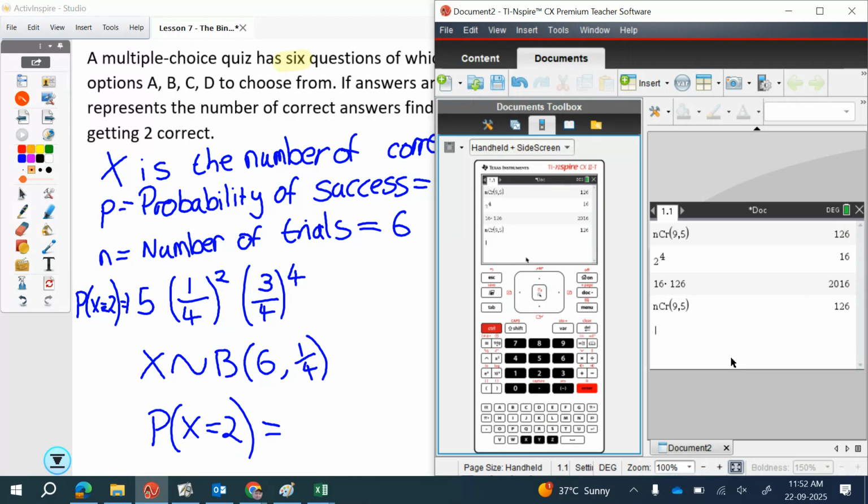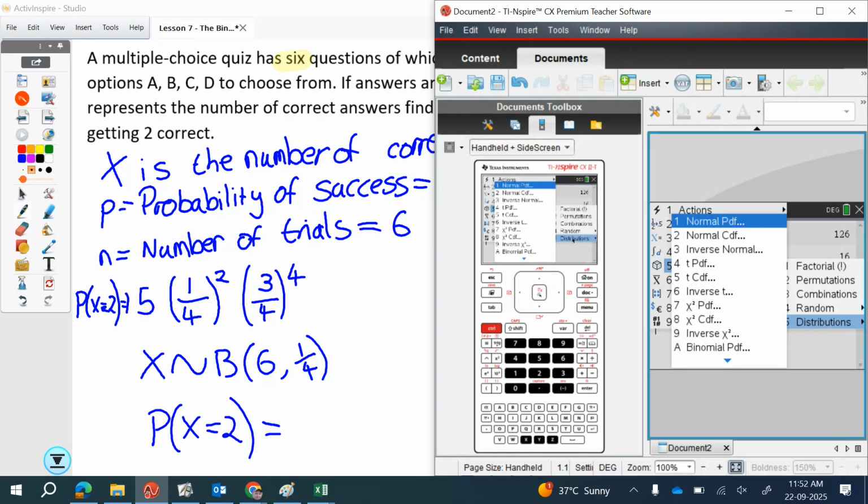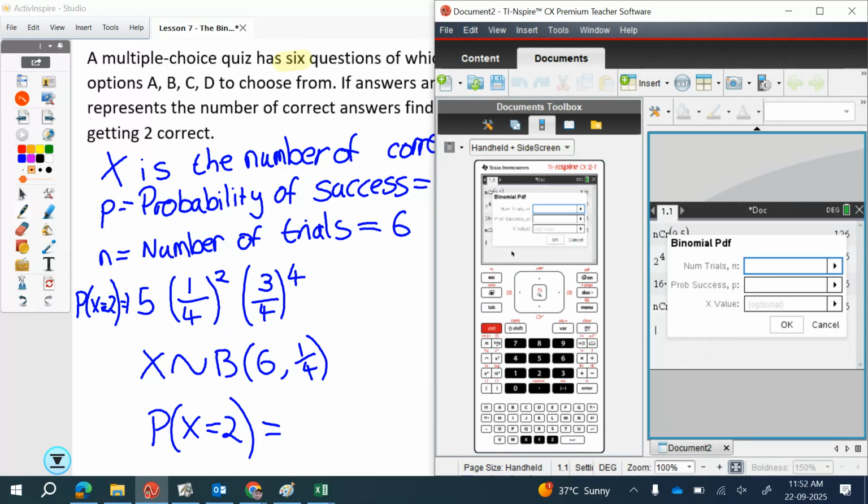So, we're going to press menu, probability, distribution. It's a binomial distribution. So, we want a binomial PDF for this one. How many trials? 6. What's the probability of success? 1 over 4.